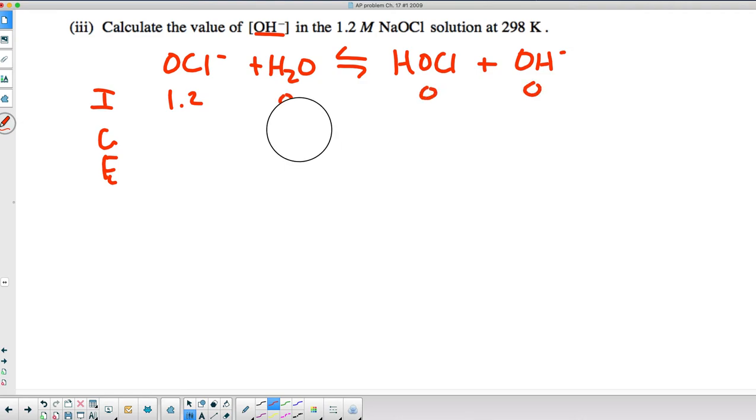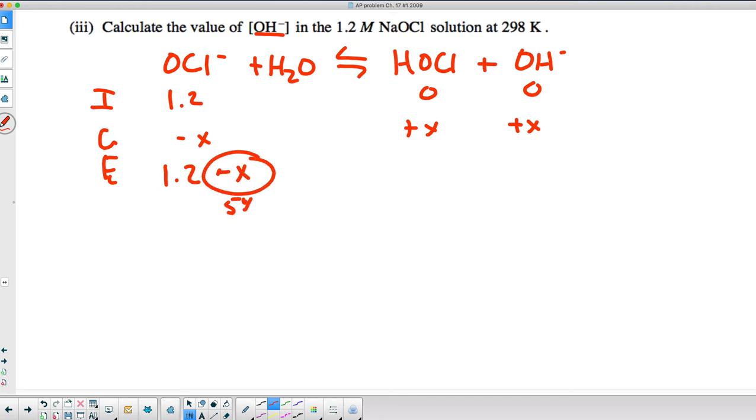It starts at 1.2, and the water doesn't show up, so it's minus x, plus x, plus x. This is 1.2 minus x, but because of the 5% rule, we can just ignore that, and that is x and x. Kb we know is 3.4 times 10 to the negative 7th. We just found that.